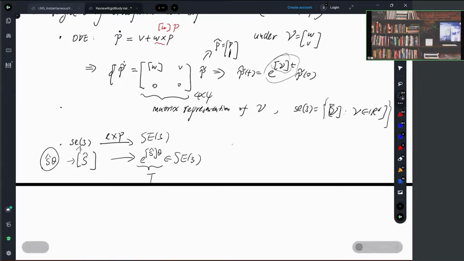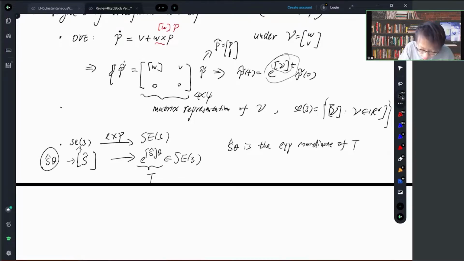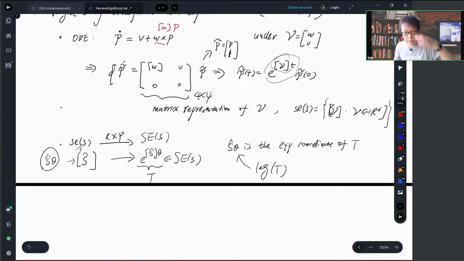So S hat theta is the exponential coordinate of T. Given S hat theta, I can find T, which is the matrix exponential of this form. Given T, I can also find the corresponding exponential coordinate, and we have a formula even for that. Typically we write it as log T. T is the exponential of S hat theta of this form, and log T gives me the exponential coordinate.